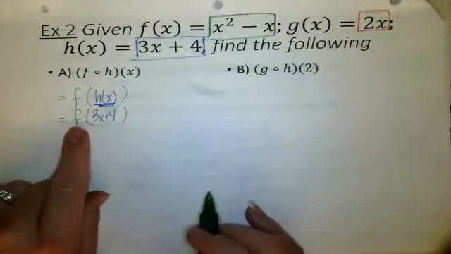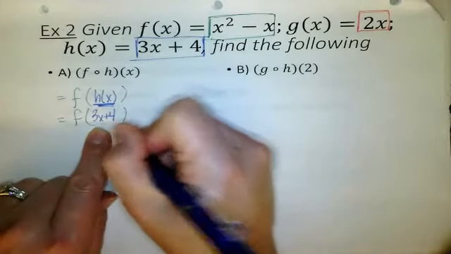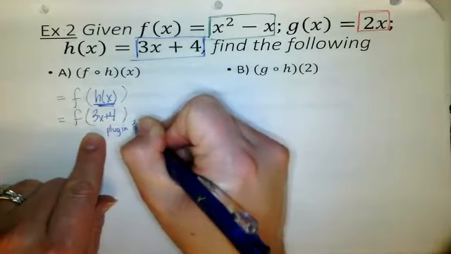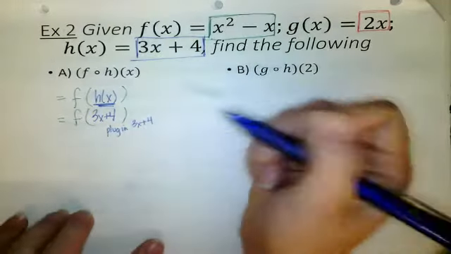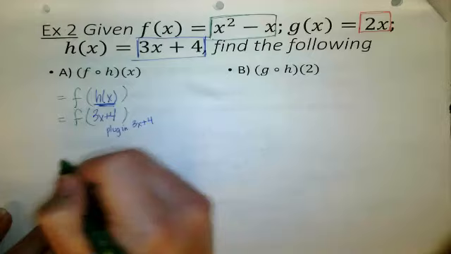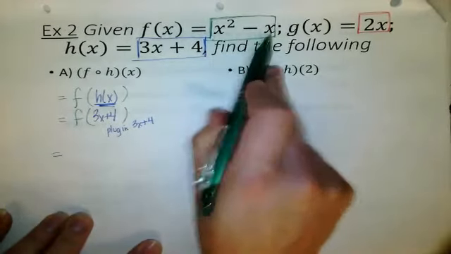And now what is f of 3x plus 4 telling you to do? Plug in what? Plug in 3x plus 4 into our f function. So what should we write if we're plugging in 3x plus 4 up here?